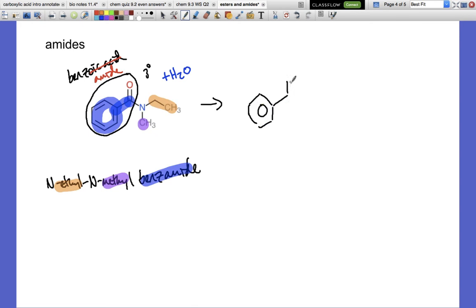Still got a carbon with a double bond oxygen attached. I got a nitrogen with an ethyl and a methyl group over here. And then again, like I said, you got to add in some new atoms. That's why I needed the water to begin with. Right? I got a hydrogen onto that nitrogen over here that is now secondary. It can be named as an amine. Right? And I have this carboxylic acid, the benzoic acid.